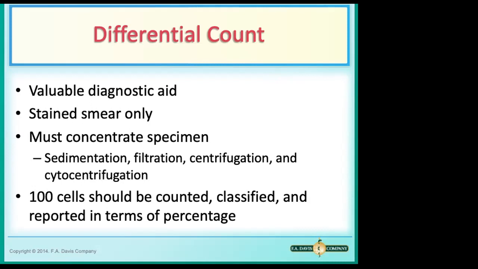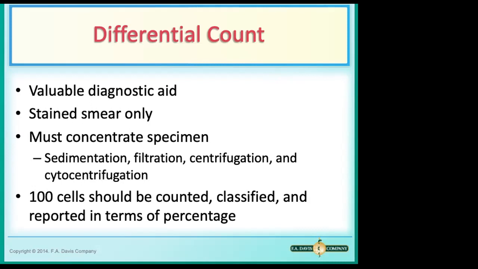We do have to make sure that before we do a differential count, we include the sedimentation, filtration, and centrifugation or cytocentrifugation procedures to be able to concentrate our specimens. So before we stain it, we take a drop of the CSF, we put it in something called the cytocentrifuge that holds the slide in a vertical stance, and then you add your drop there, and then you press the button to start the cytocentrifugation, and it sticks the cells to the slide.